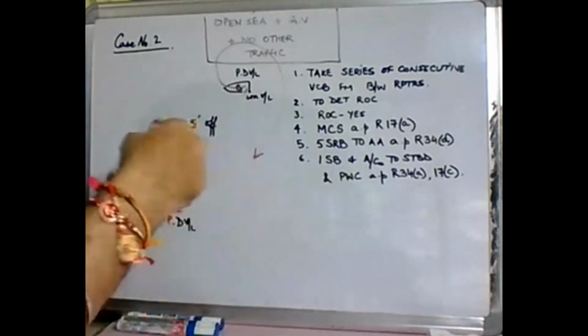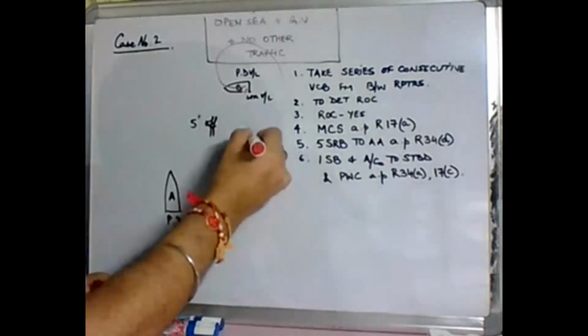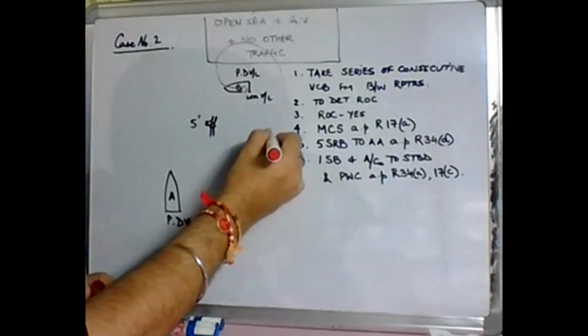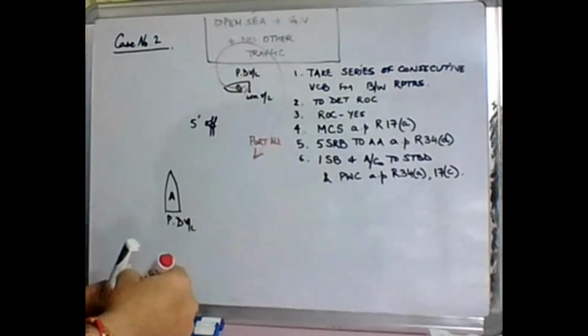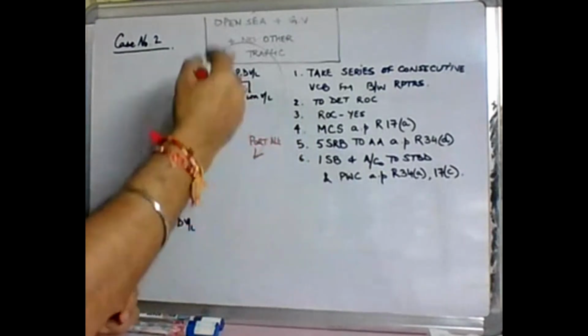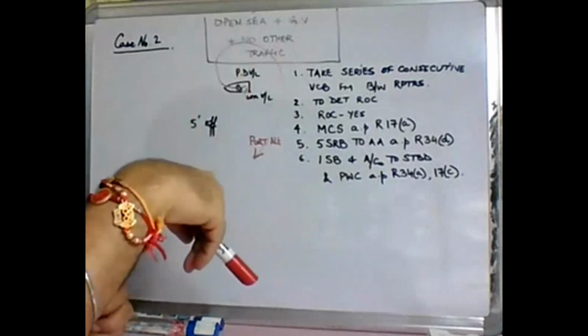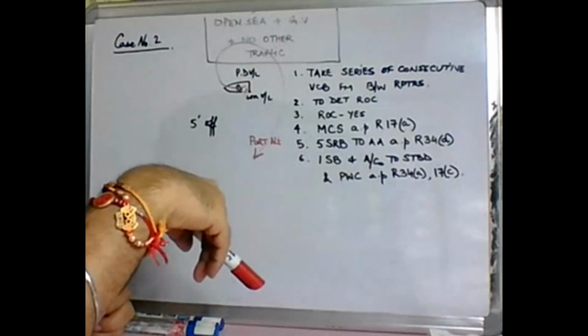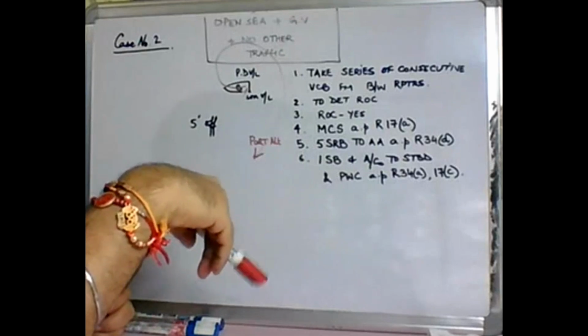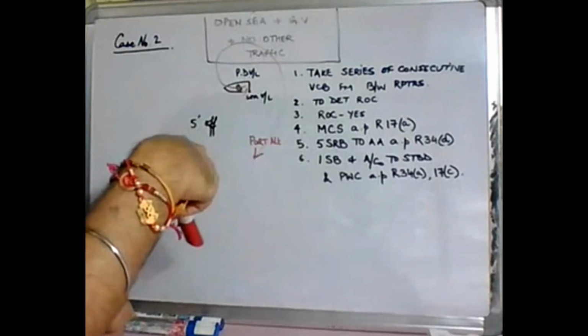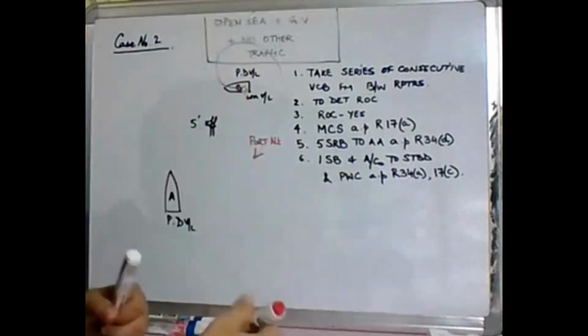This is known as port alteration. Just merely showing your backside to the other vessel does not give you a passport to do anything. Just because you've shown your backside to him does not mean you've got a clean check to alter to port.